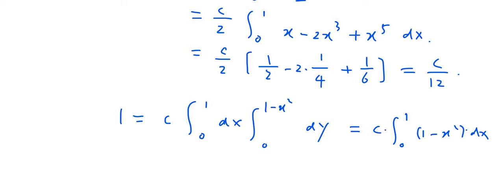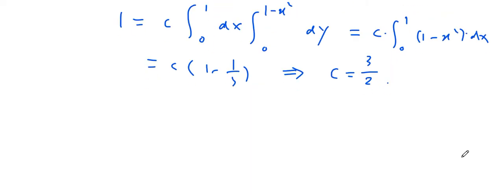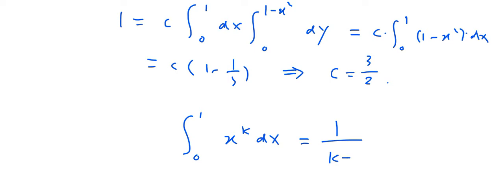This is very easy: 1 minus 1 over 3. So we find c equals 3 over 2. Here we emphasize that the integral from 0 to 1 of x^k dx is just equal to 1 over k plus 1.